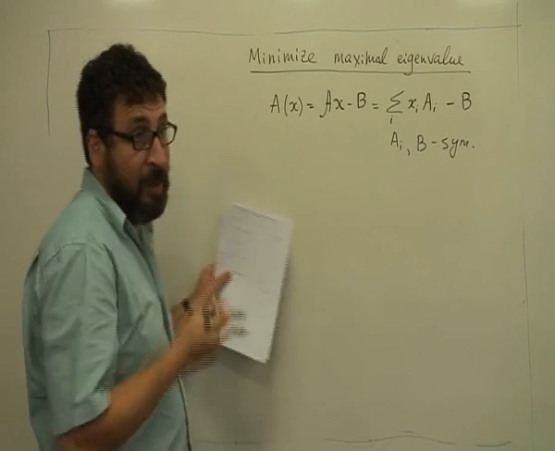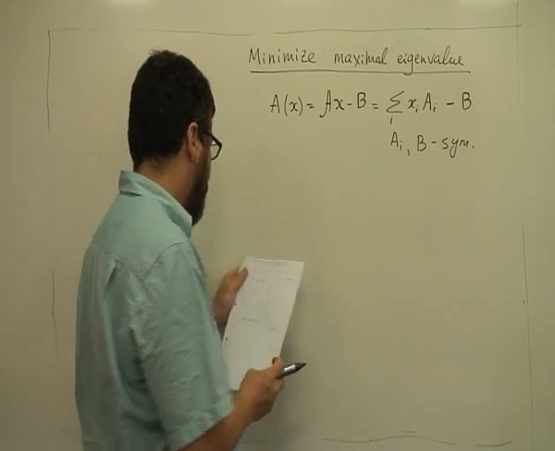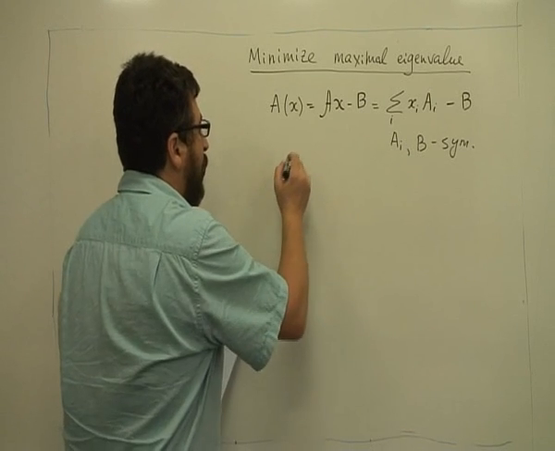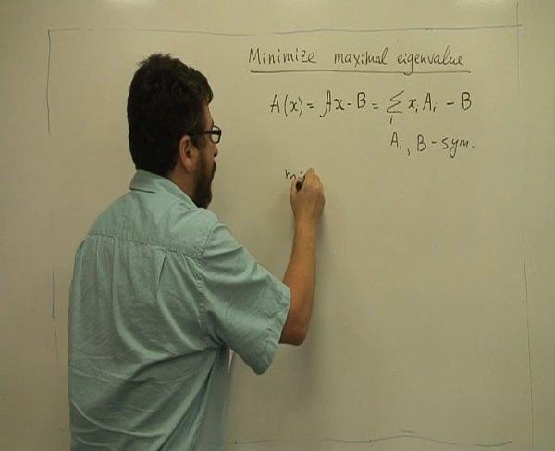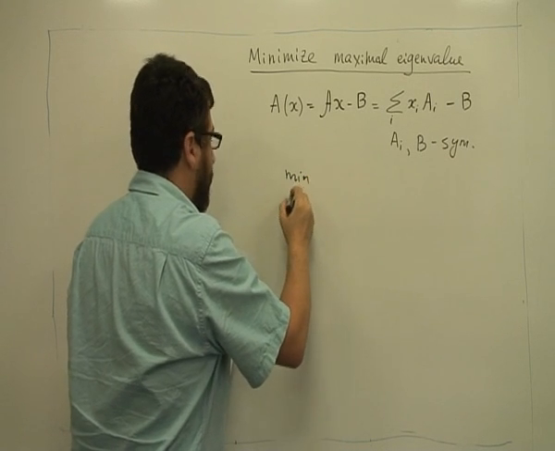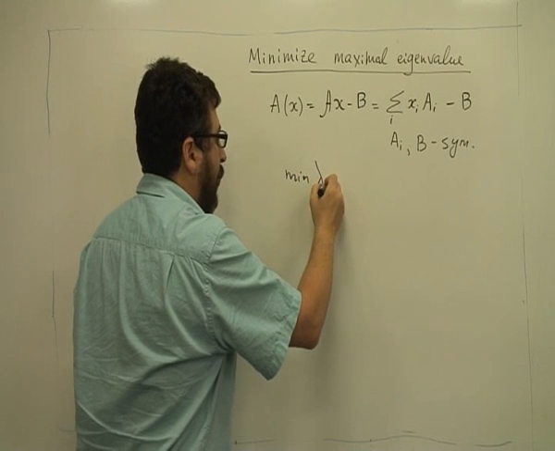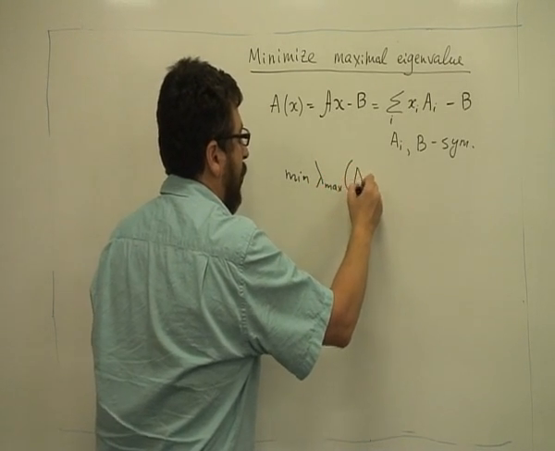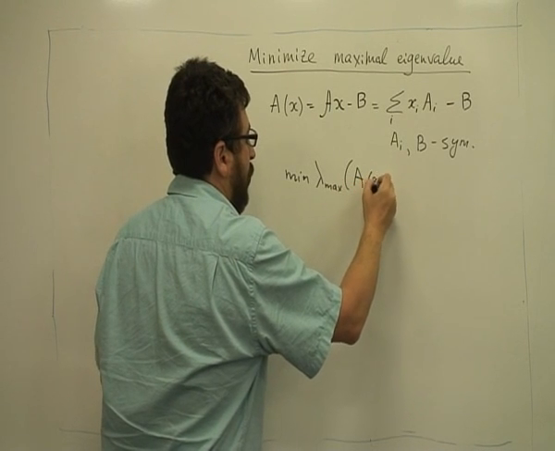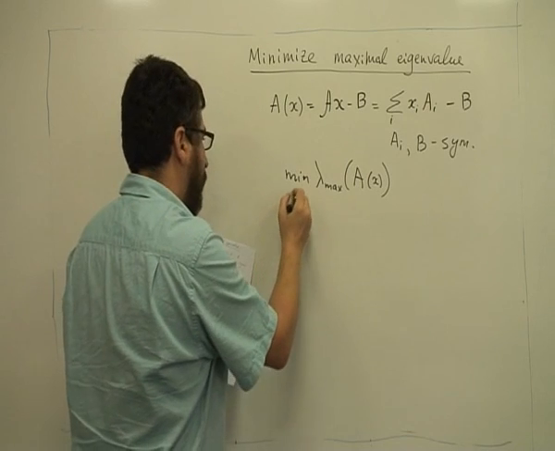And often in engineering and control and so on, people want to minimize, I would write symbolically, lambda max of A, where A is a function of x. Minimize over x.